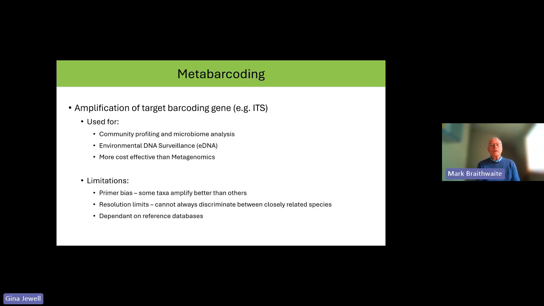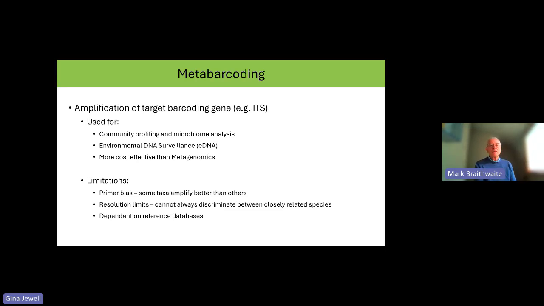So metabarcoding is being used for community profiling. Instead of doing whole genome sequencing of everything that's there, it uses targeted sequencing with PCR, usually genes like ITS. So it's good for community profiling and microbiome assays, maybe environmental DNA surveillance, and it's a lot more cost effective than metagenomics.